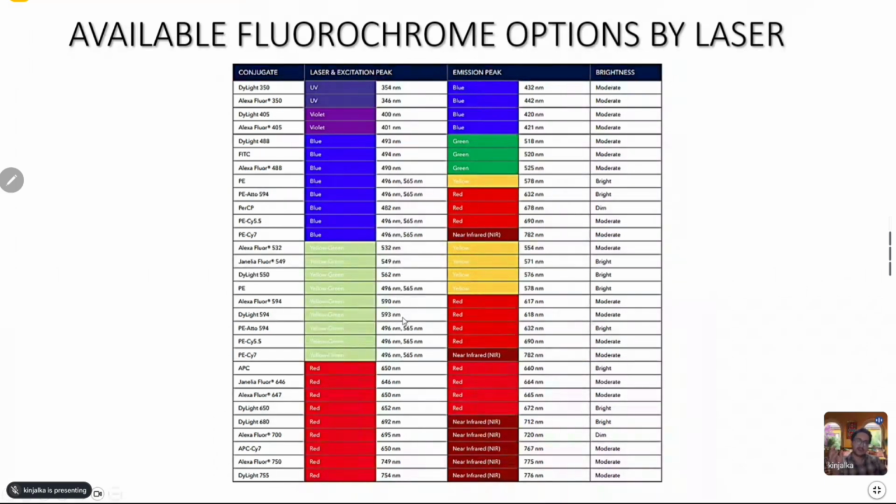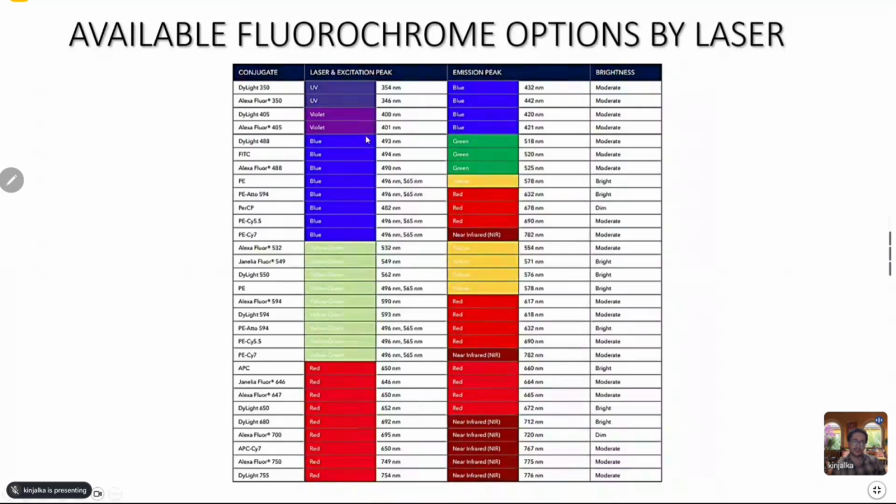When we are multiplexing, we have to be careful, right? We cannot have four different antigens of interest tagged with fluorophores in the same color. You cannot use, say, FITC, Alexa Fluor 488, and so on, because they're all going to be in the blue-green range.